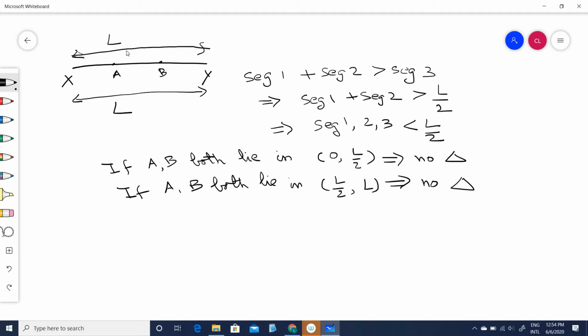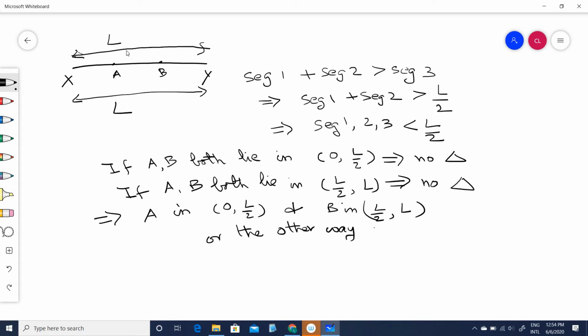In the first case, XA plus XB would be less than L by 2. So if we need to form a triangle, we need to have A in 0, L by 2 and B in L by 2, L, or the other way around. Only under these two possibilities can we actually have a triangle.